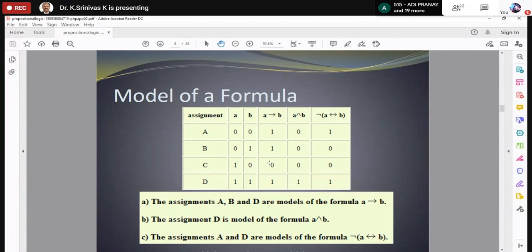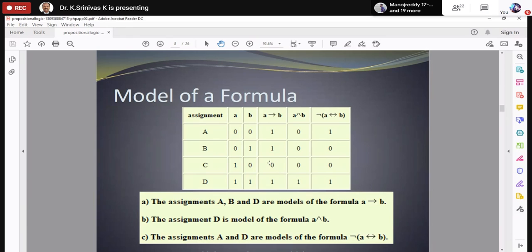AND is multiplication. 0 multiplied by 0 is equal to 0. 0 multiplied by 1 is equal to 0. 1 multiplied by 0 is equal to 0, and 1 multiplied by 1 is equal to 1. So with the equation A and B, only at one position can we expect 1, when all the inputs are 1.